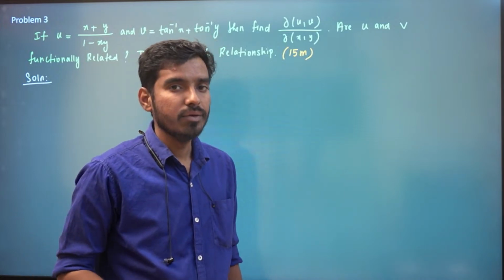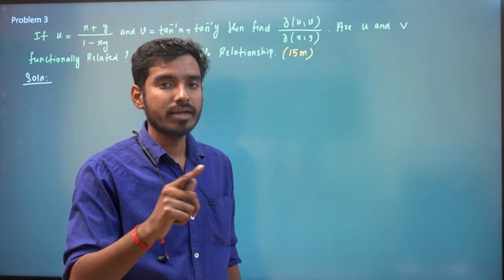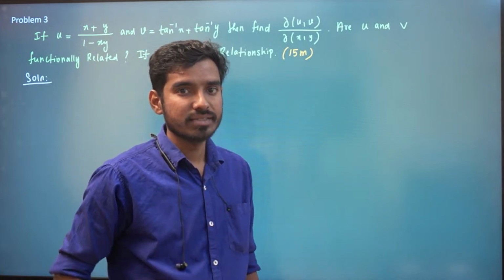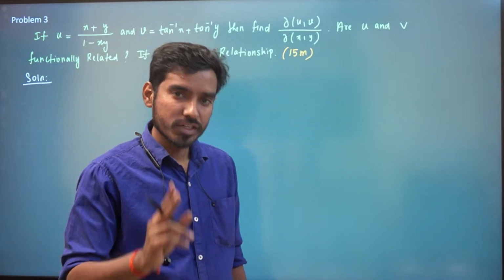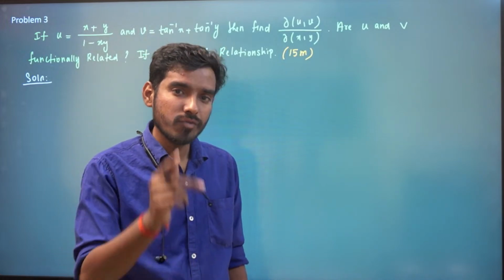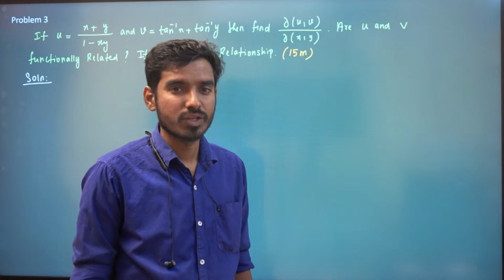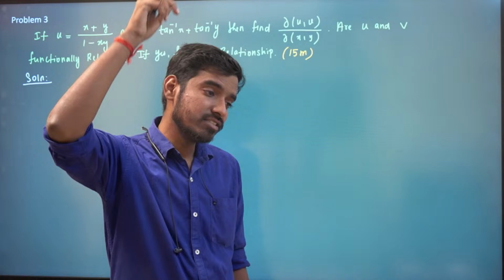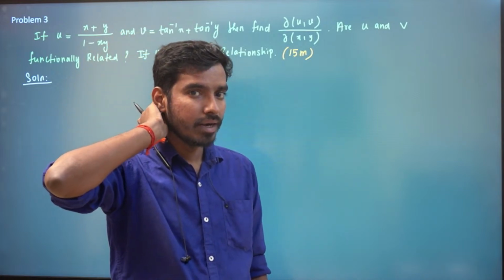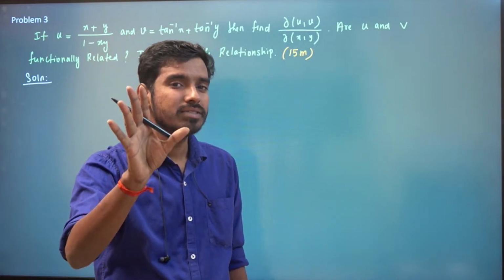Similarly, two functions are related if one can be expressed as the other. Just compare with linear dependence. Two functions are not related if one cannot be expressed as the other. Just compare that with linear independence.